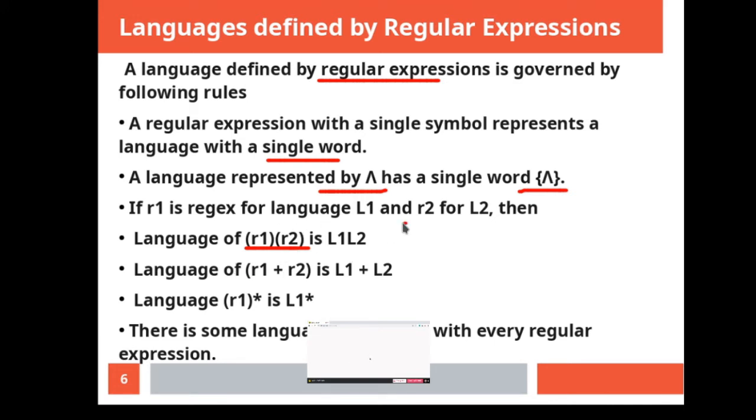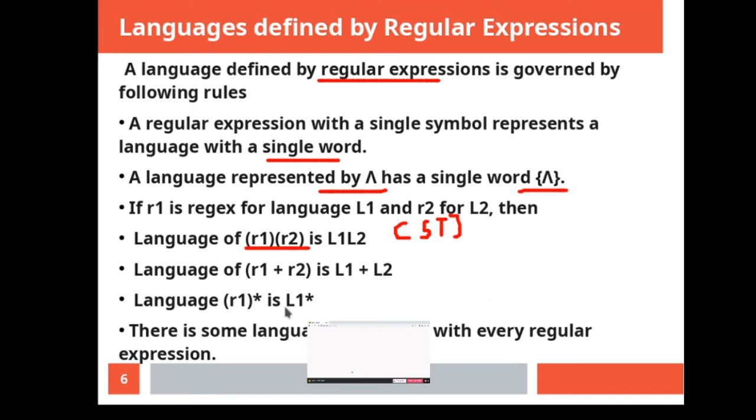This is the definition of S dot T from the previous slide: all the words of S followed by all the words of T. Then the language of R1 plus R2 is L1 plus L2. That is, you have a choice; basically, this is the union of the sets.